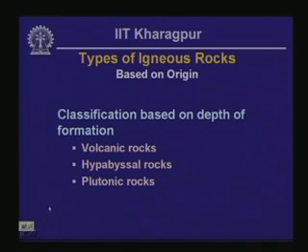Okay, so volcanic rock is when lava comes to the surface, and plutonic and hypabyssal rock forms directly from the cooling of magma.